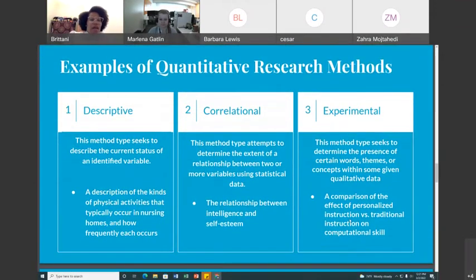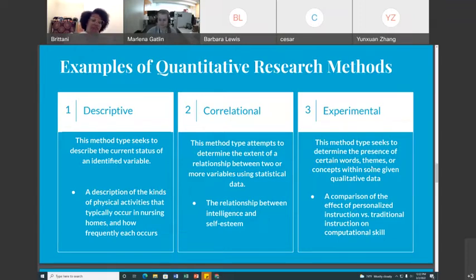So examples of quantitative research methods are things like descriptive study design. This method type seeks to describe the current status of an identified variable, wanting to provide systematic information about a phenomenon.